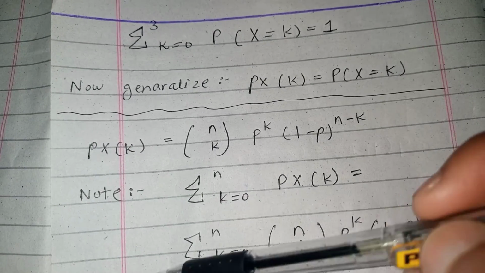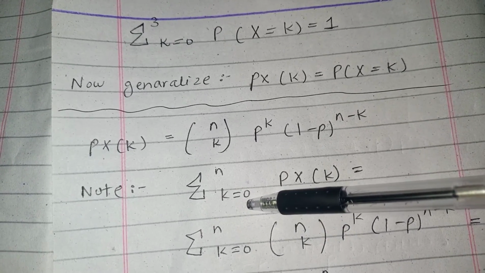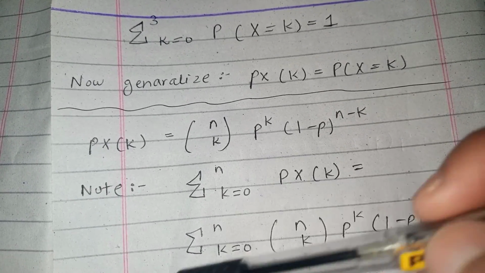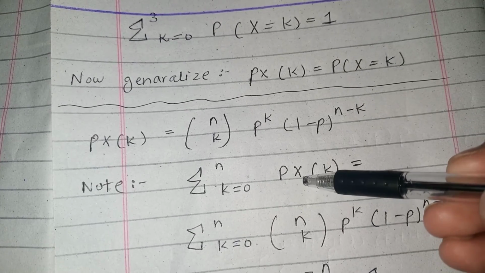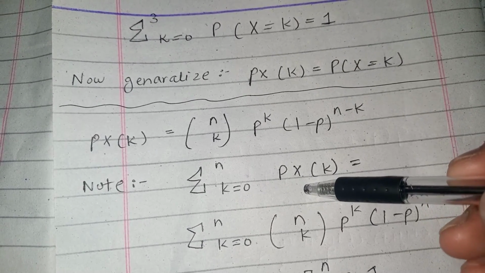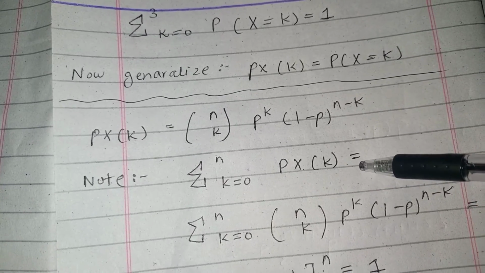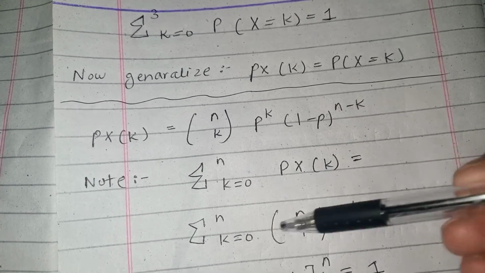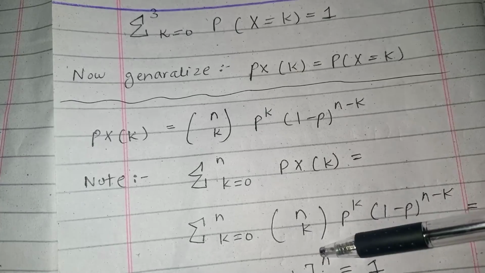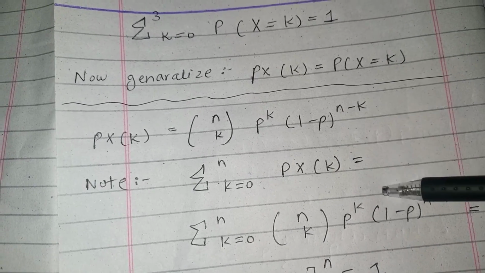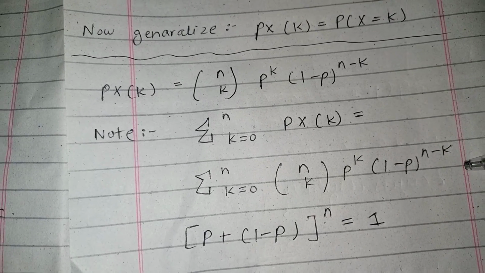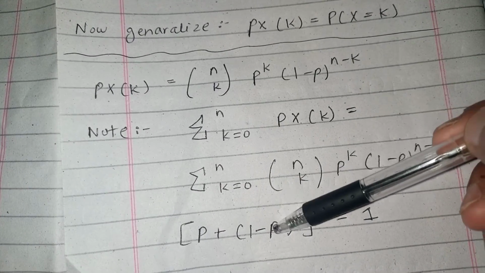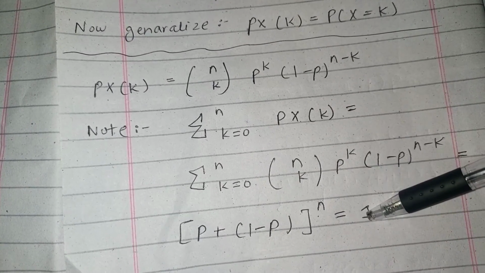So when we go from 0 to n, we're performing many trials. Then P(x = k), as we know, is the same expression: the sum of n choose k, p to the k, (1 minus p) to the n minus k, which is equal to (p plus 1 minus p) to the power n, which is equal to 1.